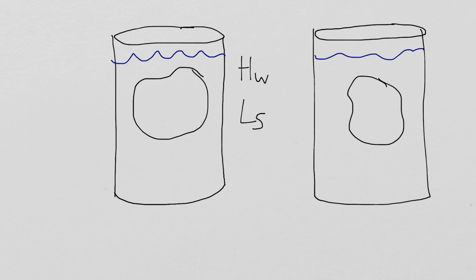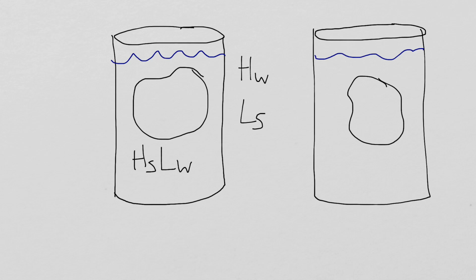So, in our first scenario, we're going to start out with high solute on the outside, which means it's got to have lower water.